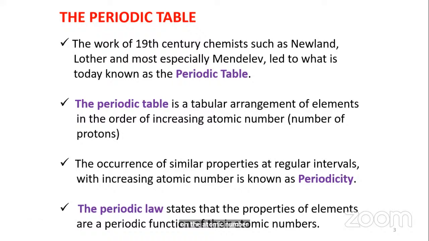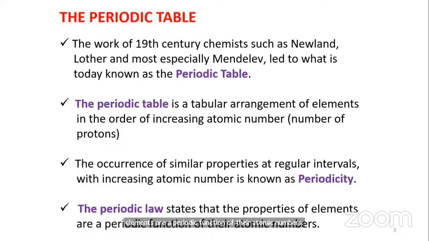Also, we have what we call the periodic law. The periodic law sort of governs the properties of the elements in the periodic table. And the modern periodic law, which is what is current now, says that the properties of elements are a periodic function of their atomic numbers.